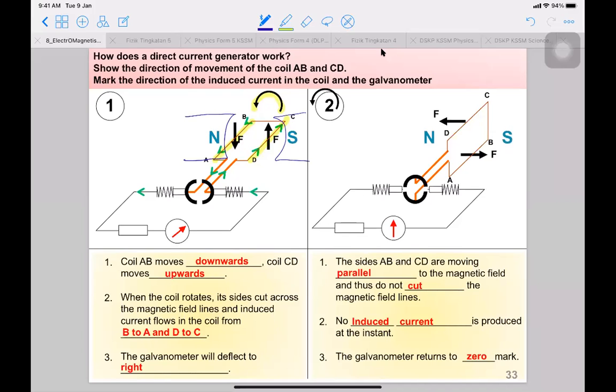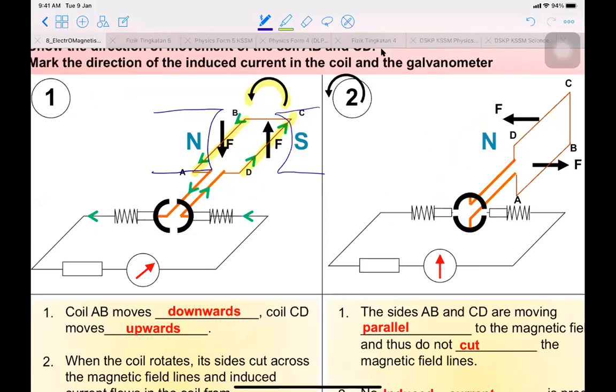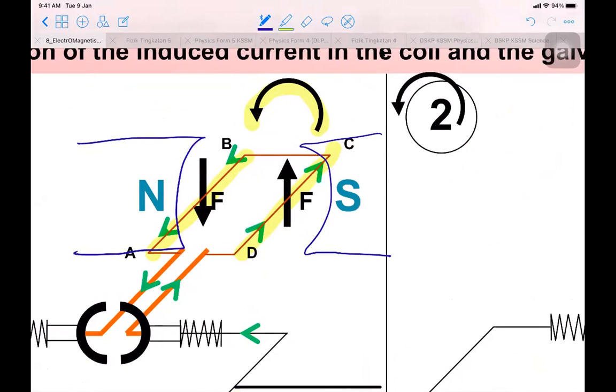Semua ngam? Each part, sebelah kiri dengan sebelah kanan. Ngam dia punya direction of F? F is down. Sebelah mana? Which part? Left or right?